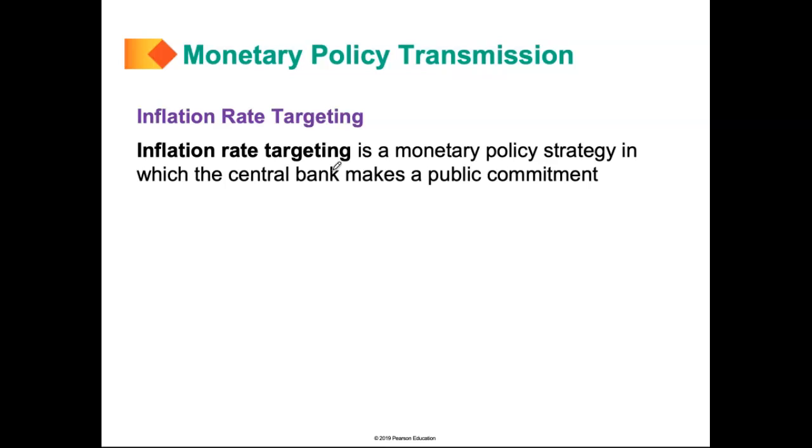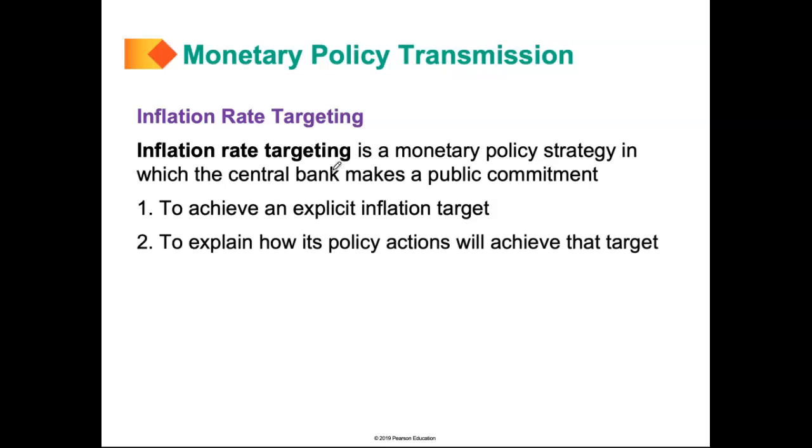Okay, so in inflation rate targeting, the Fed is going to achieve an explicit inflation target. For example, they want the inflation rate to be 1.5%. They state that and they try to achieve it. And they explain what policies, in terms of setting the federal funds rate and increasing or decreasing the money supply, will achieve that target.